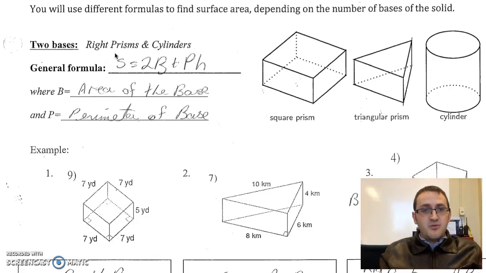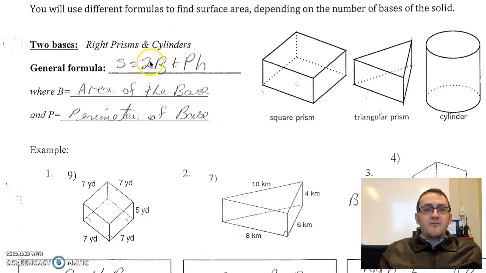So we're going to be able to compute different types of surface areas. And the idea of a surface area is that you are going to be taking a 3D shape, computing the areas of all of the faces, and adding them up. And there's a shortcut.